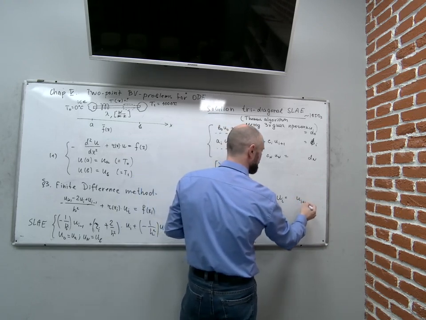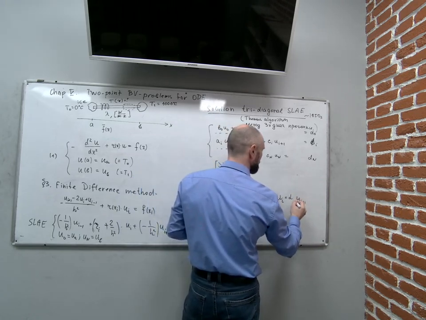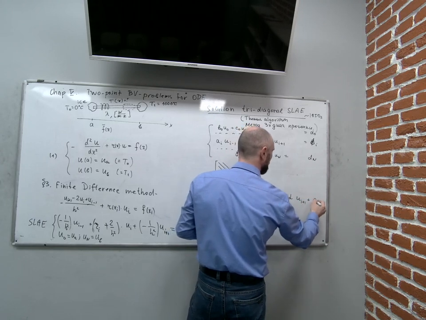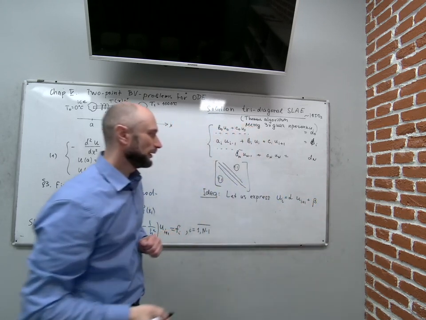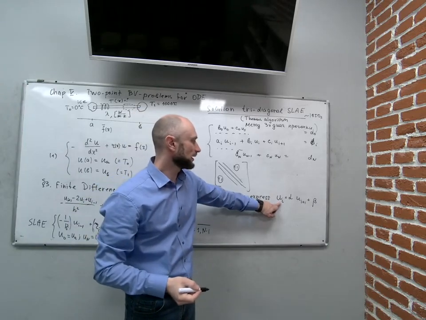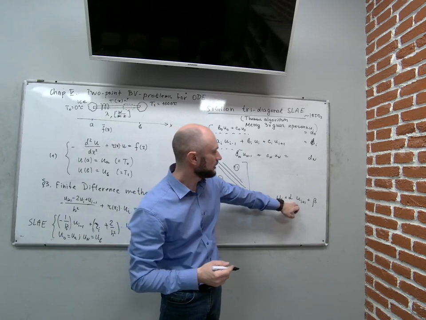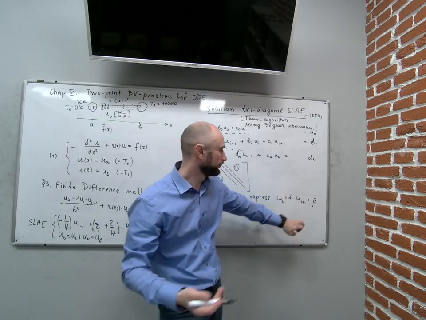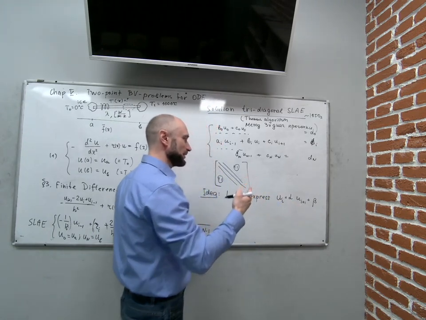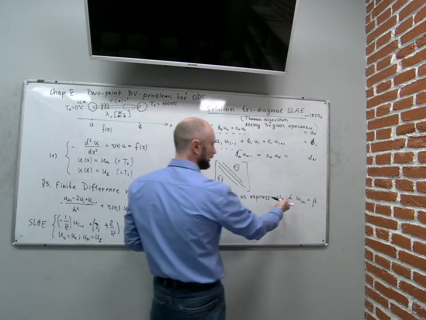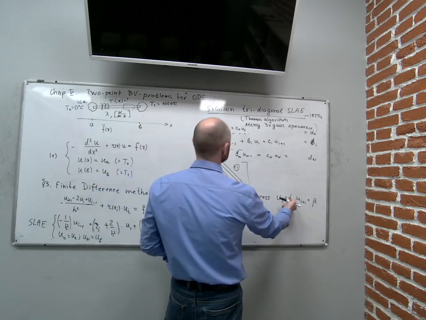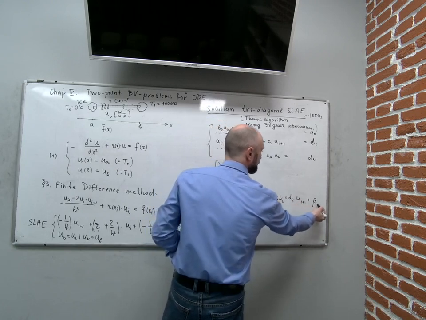That is the first step. We will use some coefficients alpha and beta here. Let's express the ith unknown as a linear function of the next unknown, and see what we get if we do so.